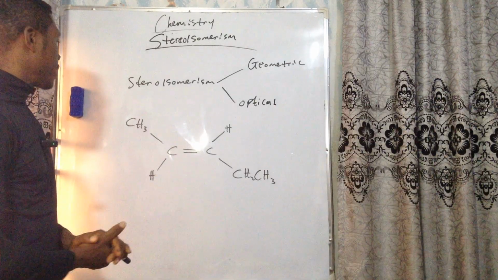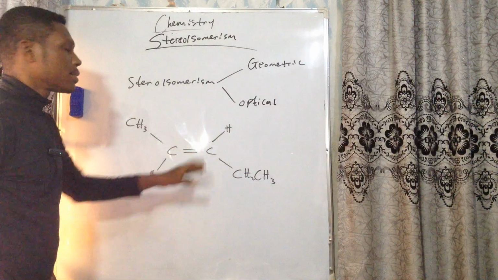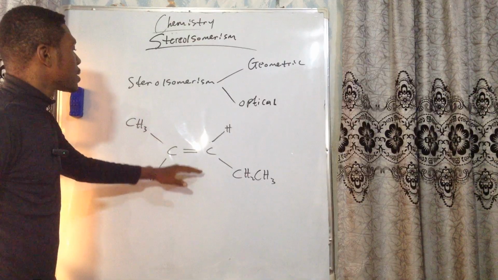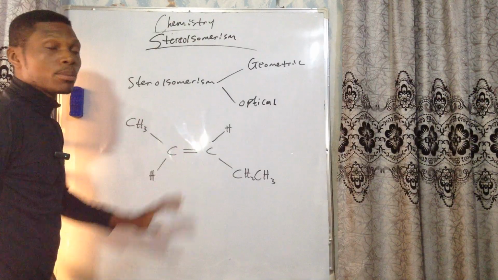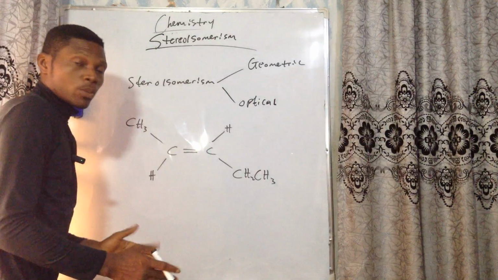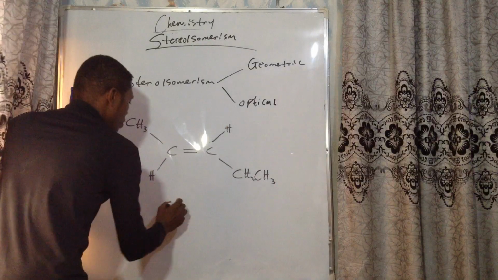Now, if you watch, these 2 attached groups are at the opposite sides of what? This C to C bond. Now let's have another isomer. If you want to have another isomer, let me just draw it again.